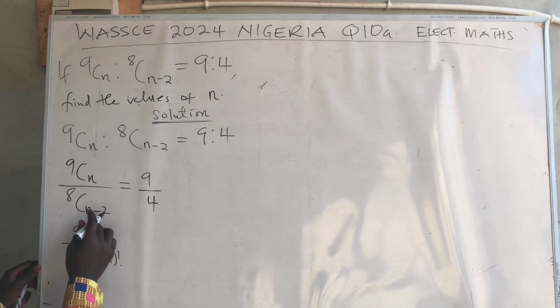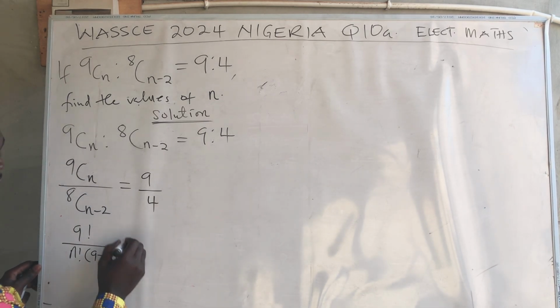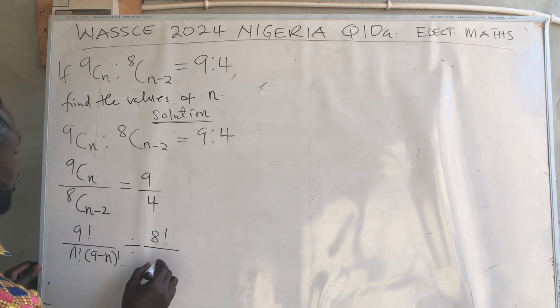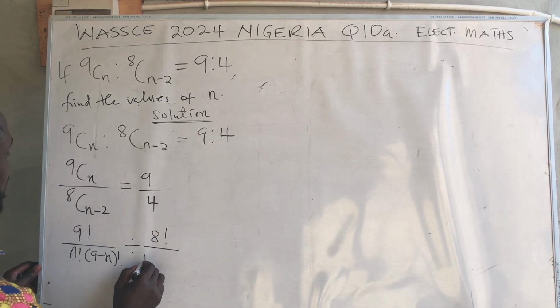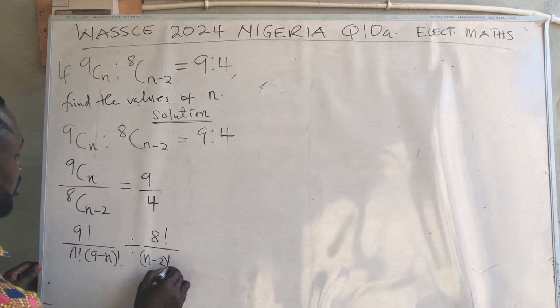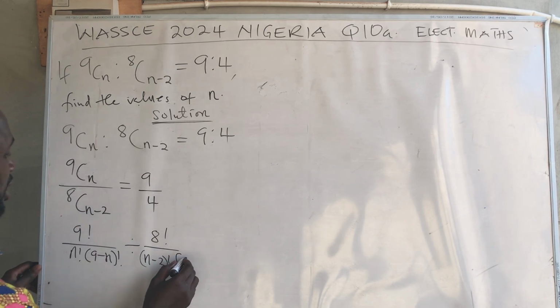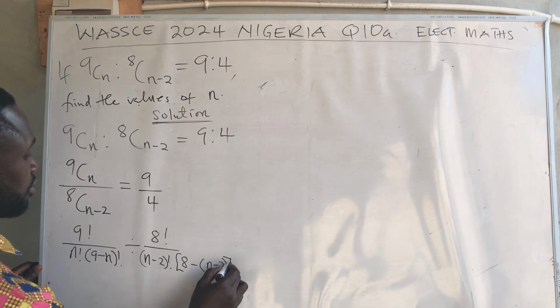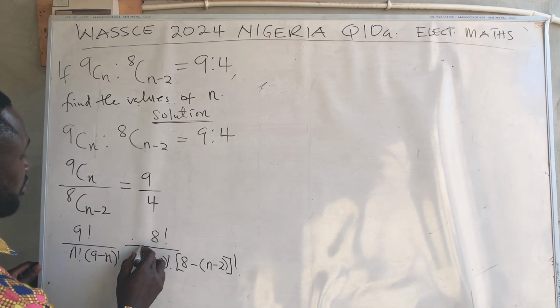Then the denominator is, so let's use this division sign, divided by 8 factorial, also divided by n minus 2 all factorial, then 8 minus n minus 2 also all factorial.